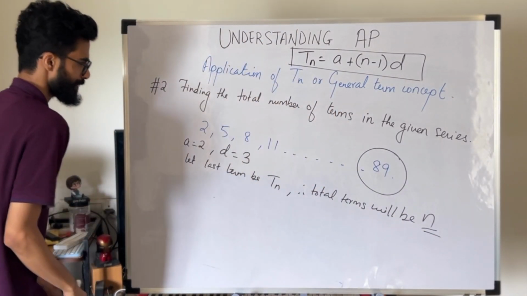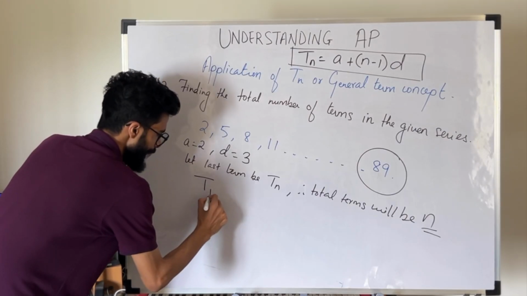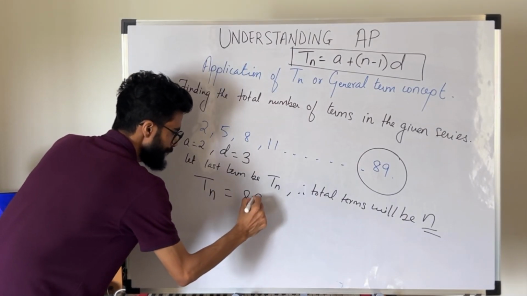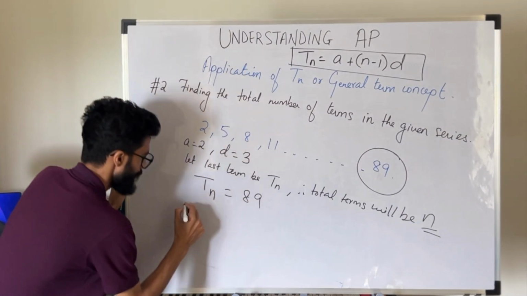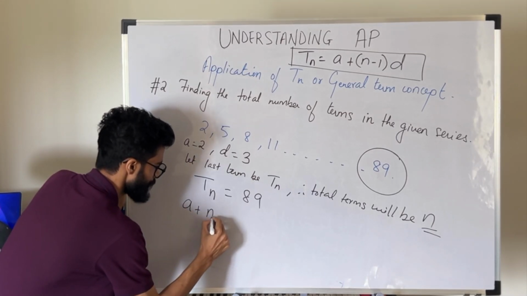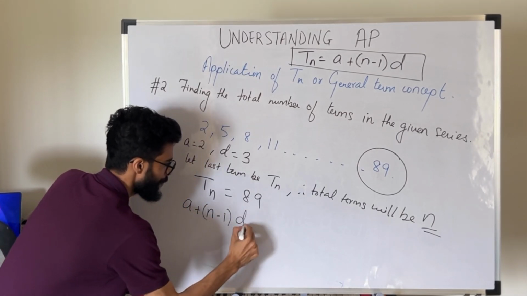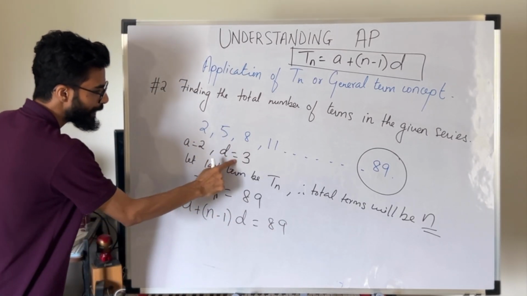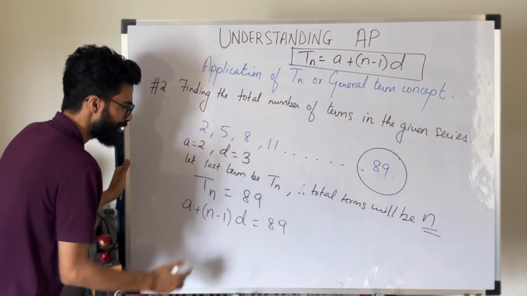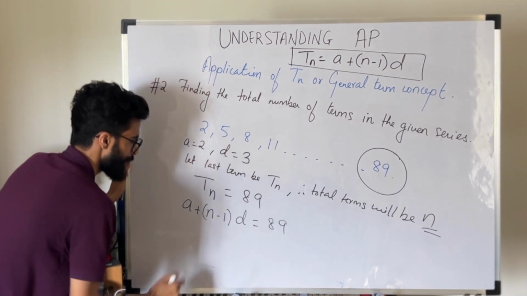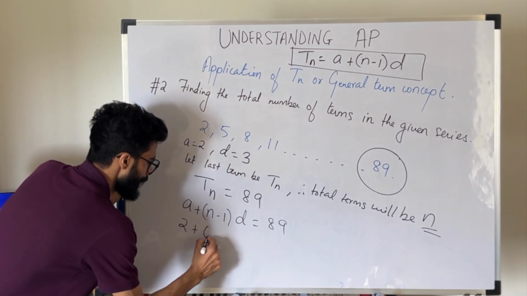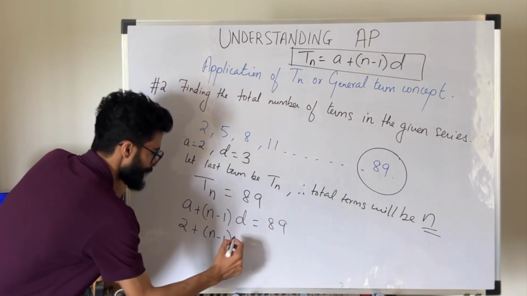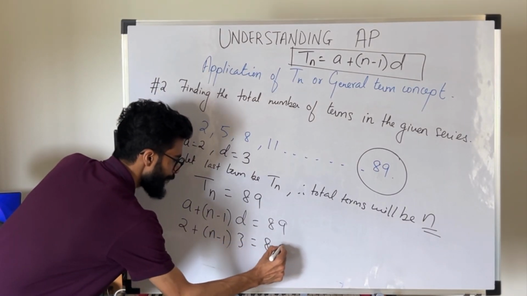So let's understand this. Tn equal to 89. Tn होता है A plus n minus 1 into D equal to 89. अभी A और D का वैल्यू मैं पुट कर दूंगा तो I will get an equation in terms of n. 2 plus n minus 1 times 3 equal to 89.